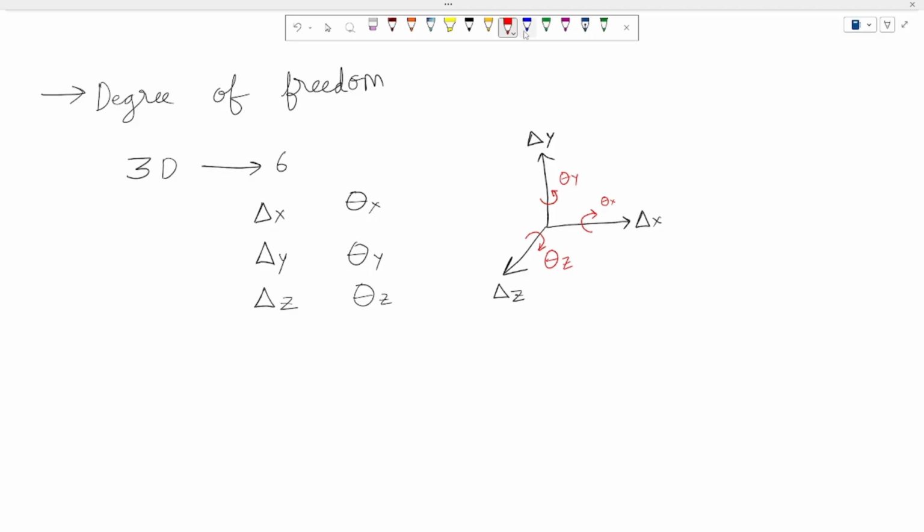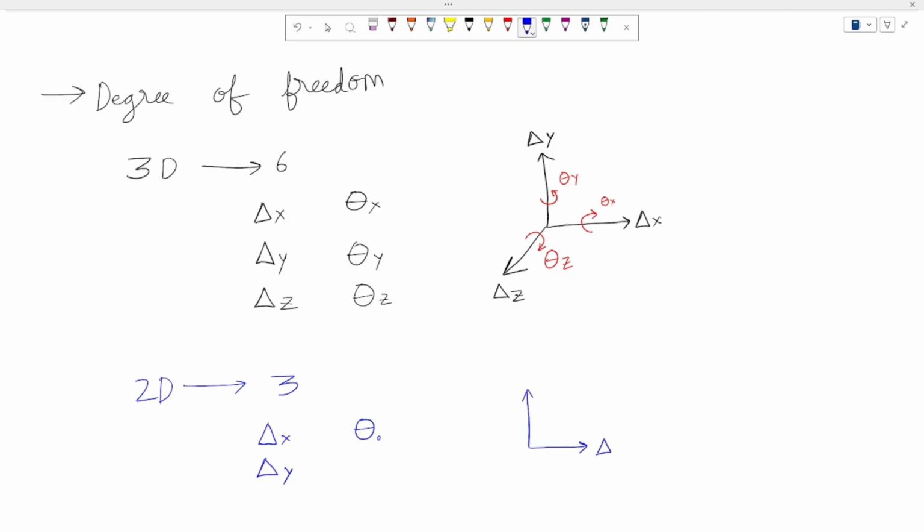But right now we are concentrating on 2-dimensional structures. So this beam we are modeling as a 2-dimensional structure. For 2-dimensional structures we have 3 degrees of freedom. So what are these 3 degrees of freedom? Delta x, delta y, and as we do not have a z axis, we have theta of the plane, so it is called theta z. How is it shown in the coordinate system?